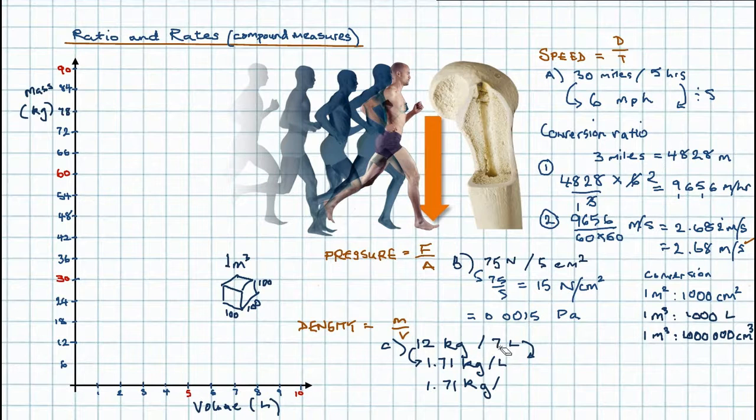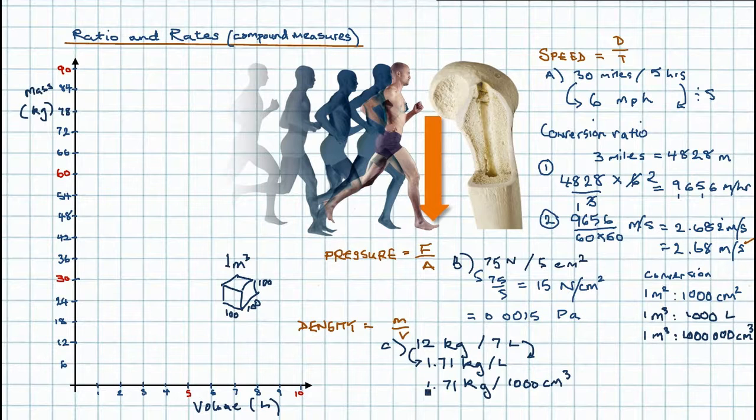We'll end up with 1,000 cubic centimeters. And if you weren't sure about that, always do that check and move the decimal point again 6 places to the left, and you should find you have that 0.001 cubic meters.